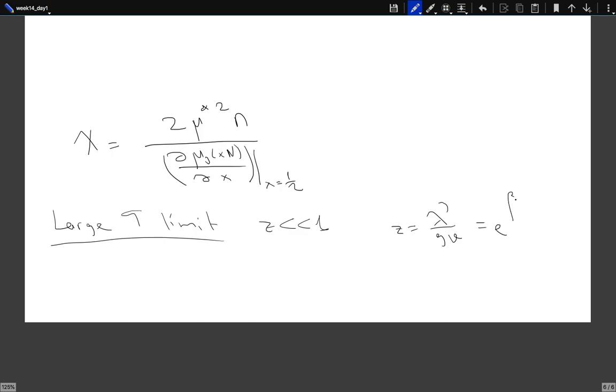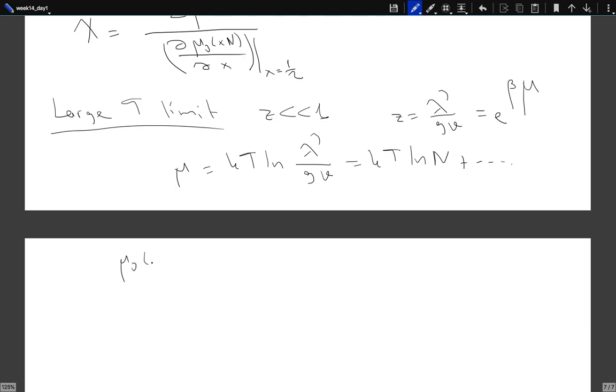Remember, this is e to the power beta mu. So mu is just kT times logarithm of lambda cube over gv. Or this is kT times a logarithm of n plus other terms independent of n.